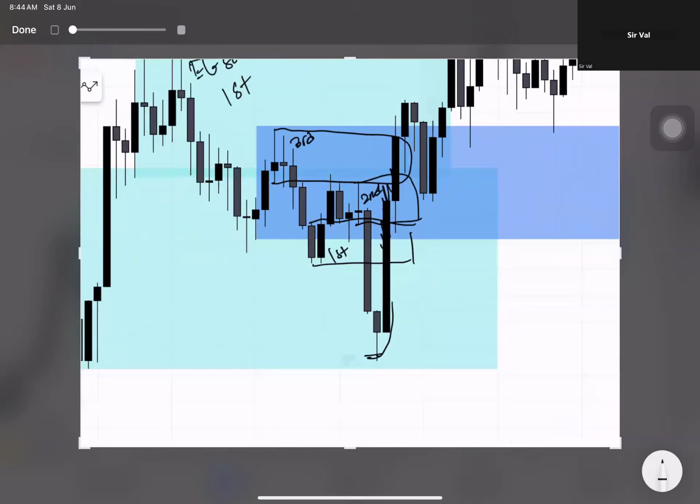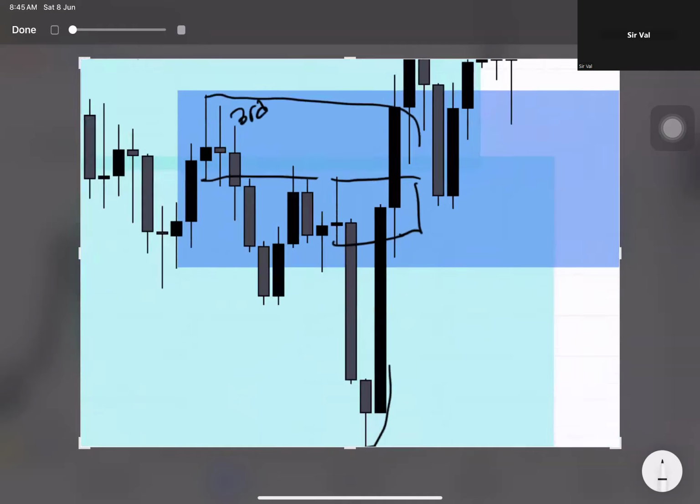But price closed and broke out of the zone, so this one is not valid. We talk about this first zone. Price has closed here, so this zone is not valid anymore because of this first breakout. This one has been the second breakout.